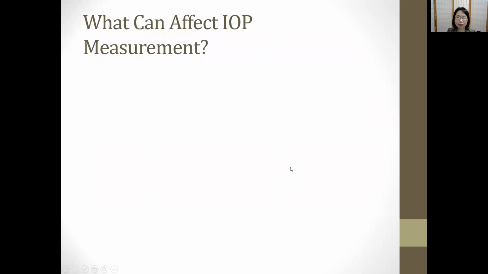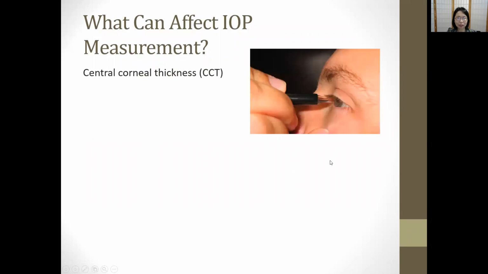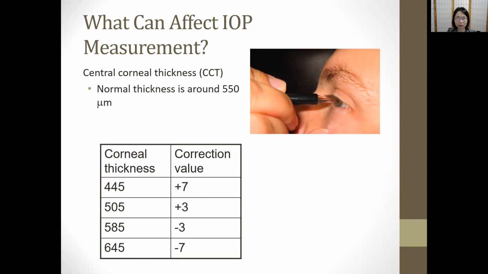Okay, what can affect IOP measurements? One of these factors is central corneal thickness, or CCT, and normal thickness is about 550 microns. And this table is not meant for you to memorize or correct IOP, but only to know that the thinner the cornea, the lower the measured pressure and the actual IOP is higher, and vice versa.